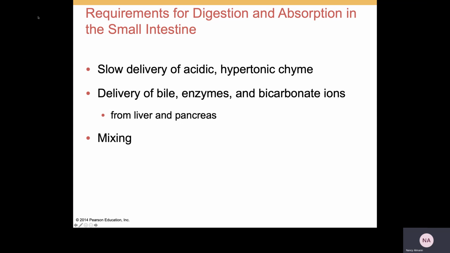We know that the pancreas will secrete bicarbonate ions to neutralize the acidic chyme coming out of the stomach, and it will also produce and secrete enzymes for chemical digestion. You also need mixing to occur because you need to add all of that good stuff, bile, enzymes, bicarbonate ions, into the chyme.